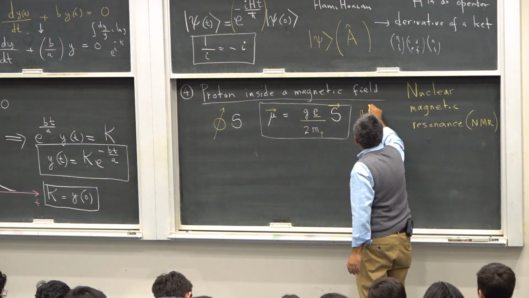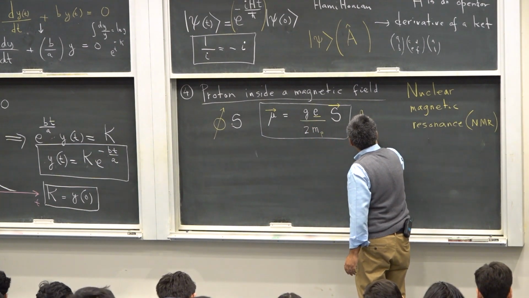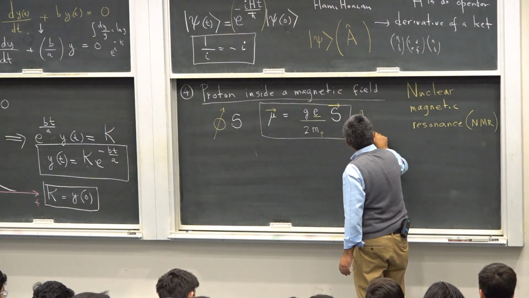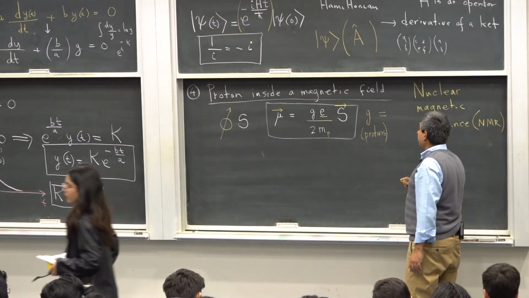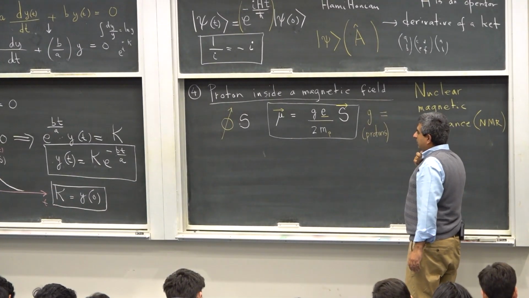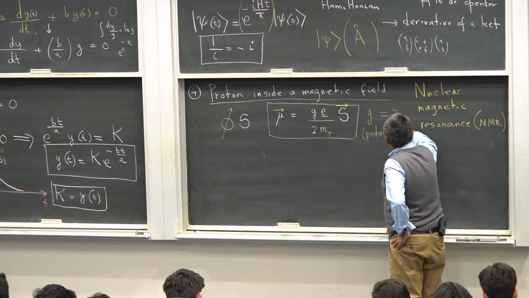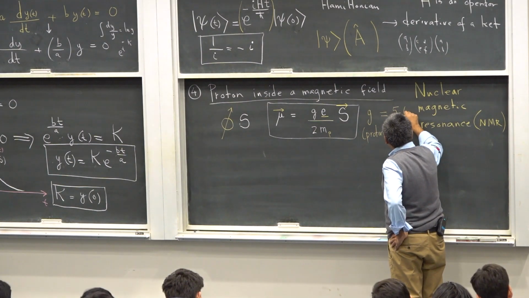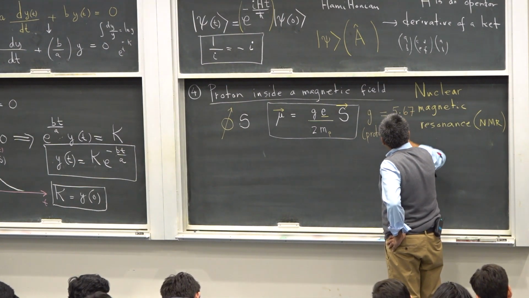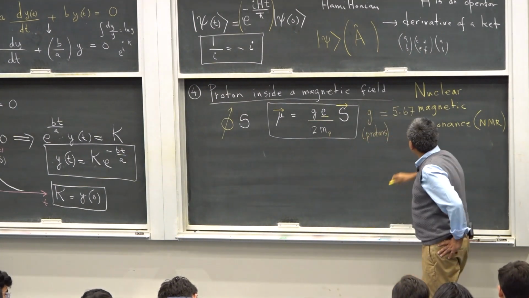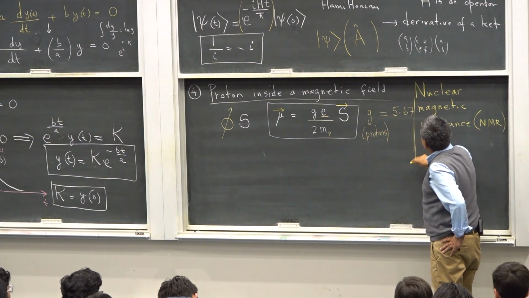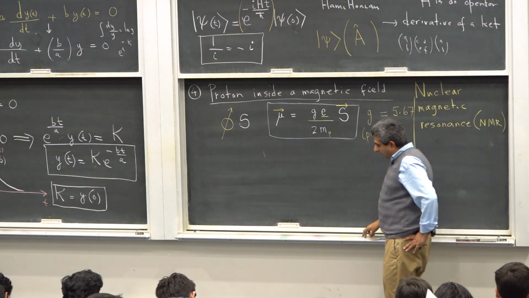g for protons is roughly equal to 5.67. This value comes from nuclear physics. It can be derived as well.